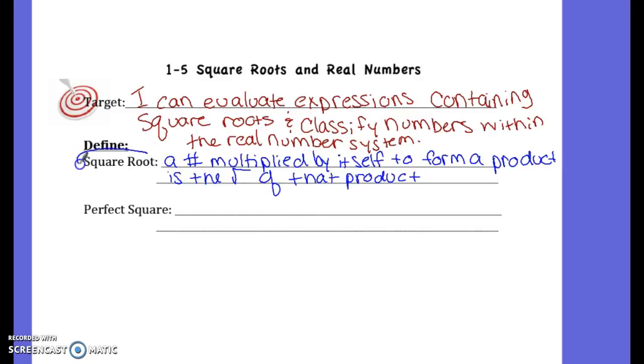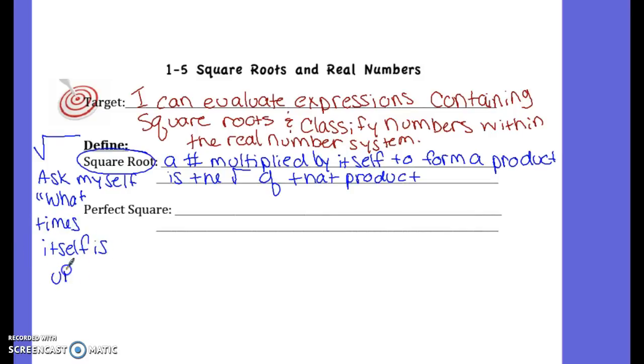Square root is essentially an operation. It looks like that. And I always ask myself, what times itself is under the square root?